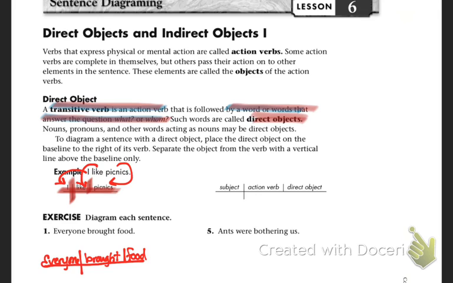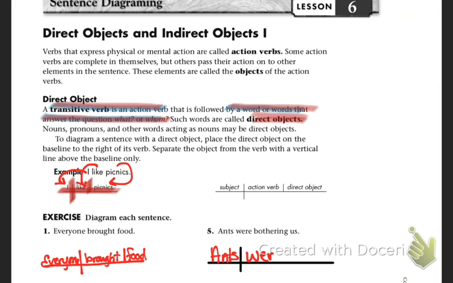Okay? That's how you diagram that basic direct object sentence, okay? Let's look at 5 while it's up. Ants were bothering us. What do I need to do first? Baseline. What do I do next? Gonna go ahead and put ants, and then I can put subject predicate line, right? What about it? We're bothering in my predicate, right?